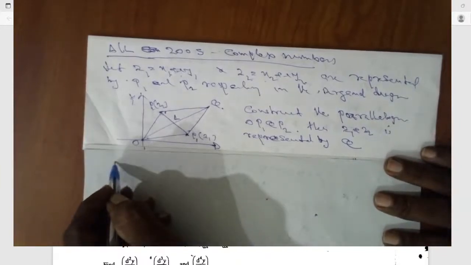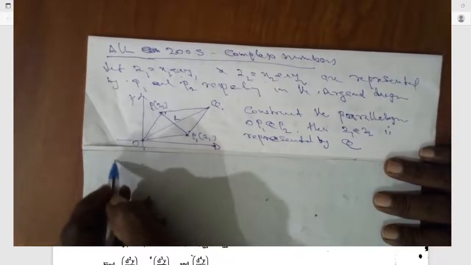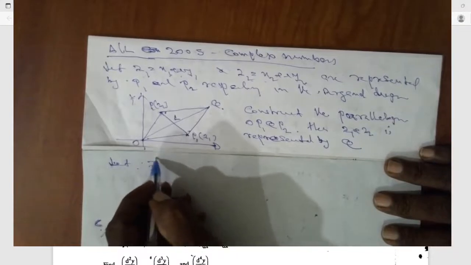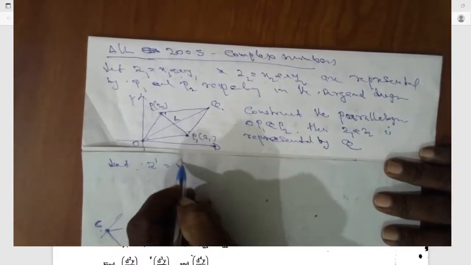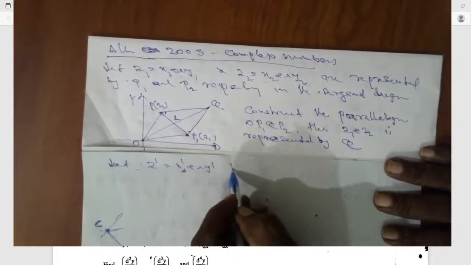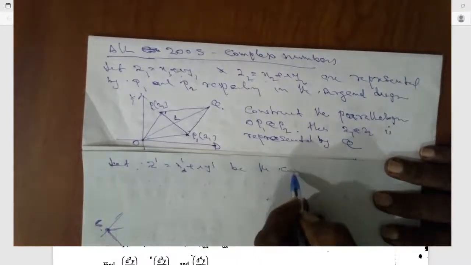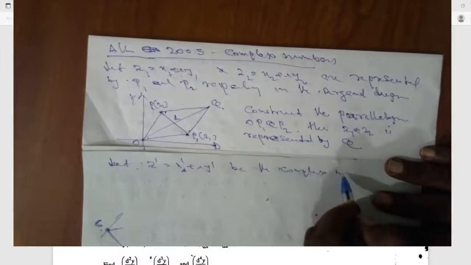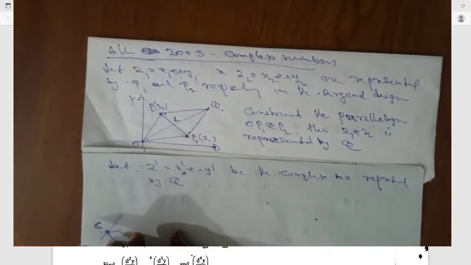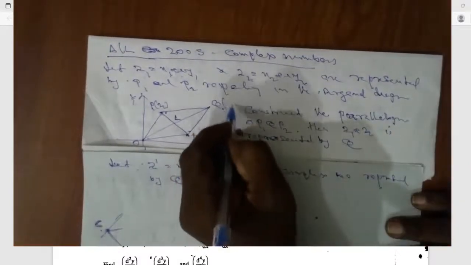Then L is the midpoint of PQ. Let z dash equals x dash plus iy dash be the complex number represented by Q. Then the coordinate of Q is x dash, y dash.